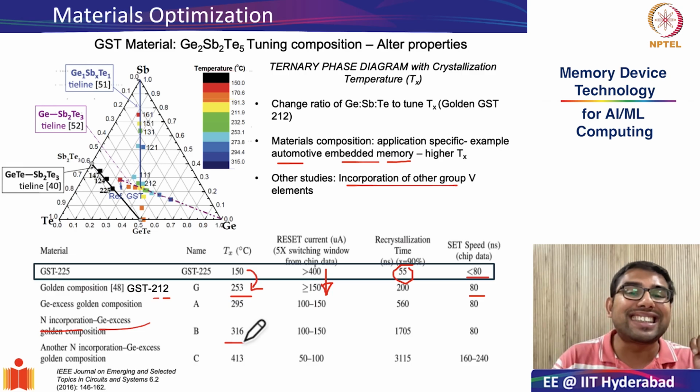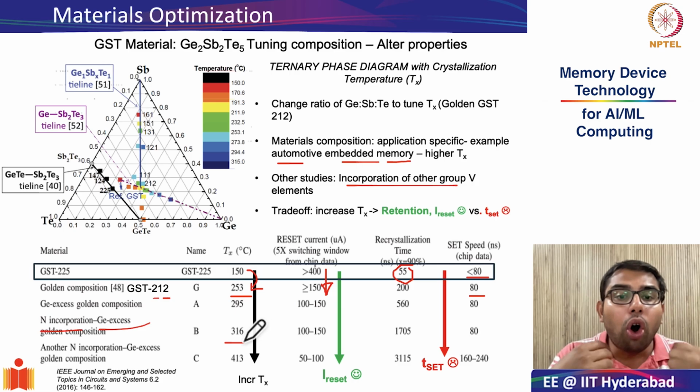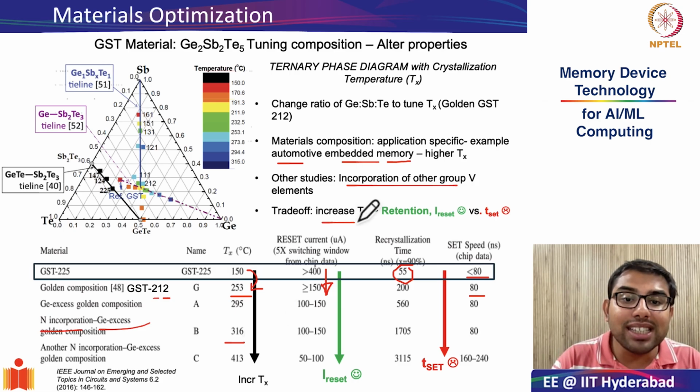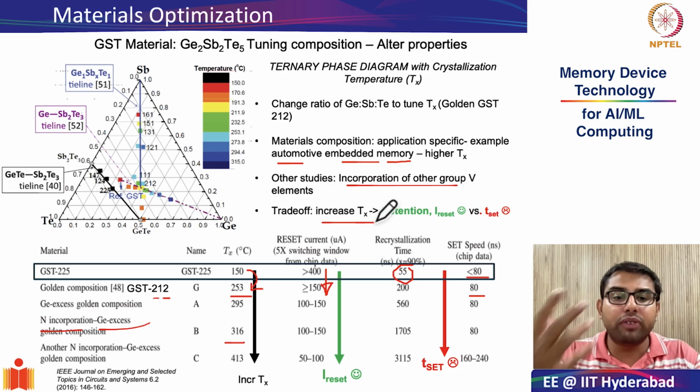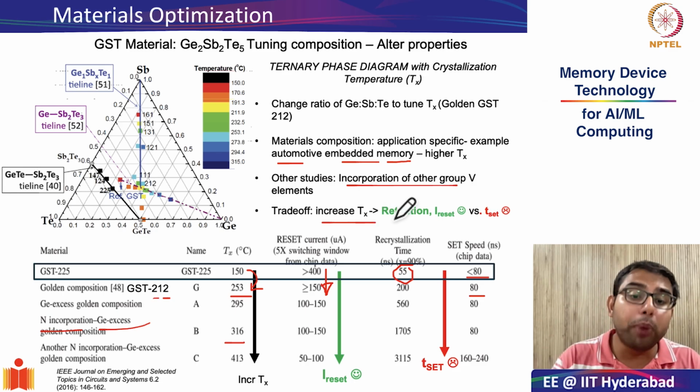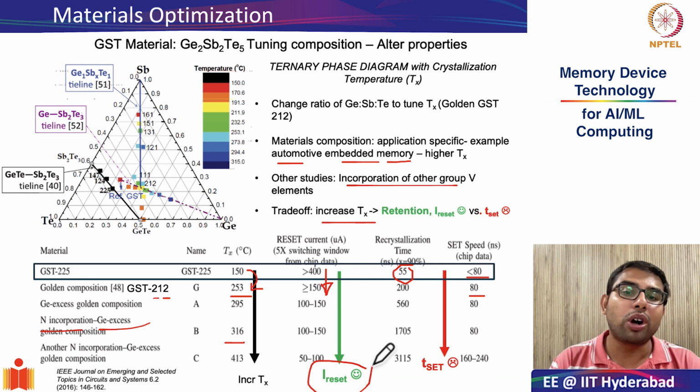But just as we discussed earlier, all these improvements in retention come from increasing the crystallization temperature. Of course, as you can see, the retention improves, the reset current also becomes lower. But what is the trade-off?